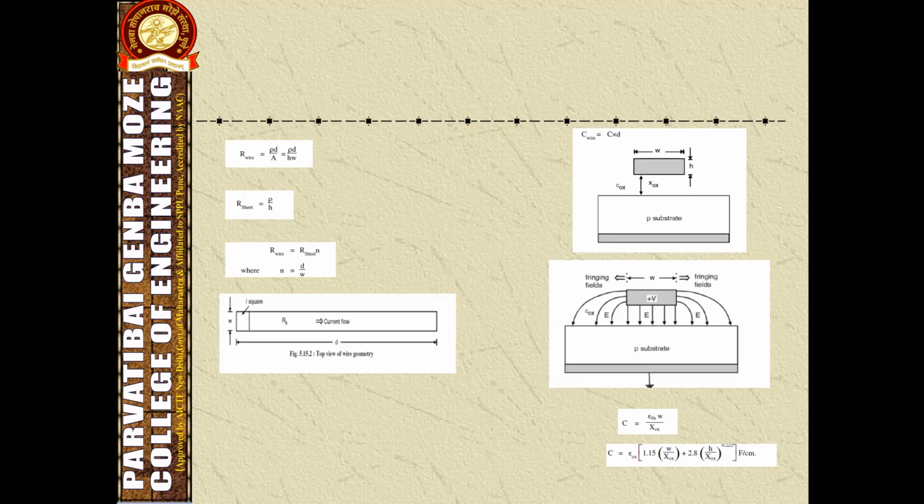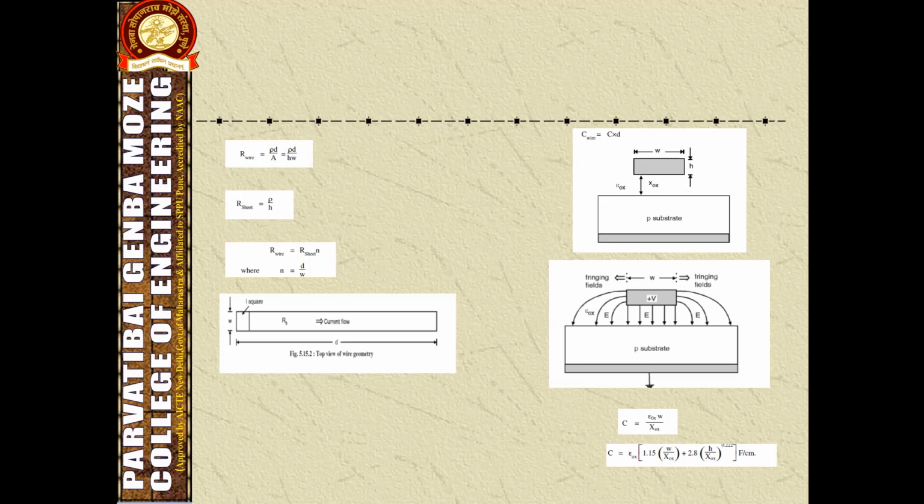C is given by C equal to epsilon OX, in a square bracket, 1.15 into W by XOX plus 2.8 into H by XOX raised to the power of 0.222 farad per centimeter.